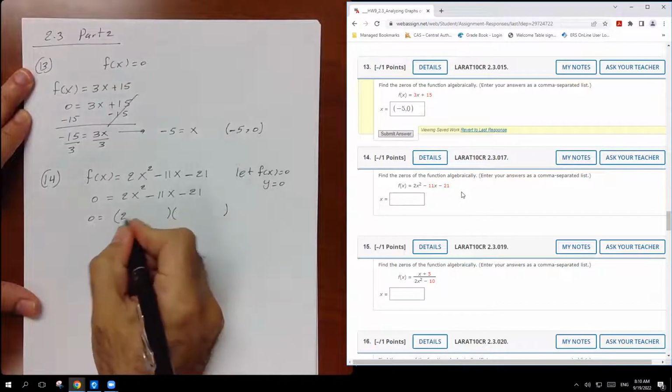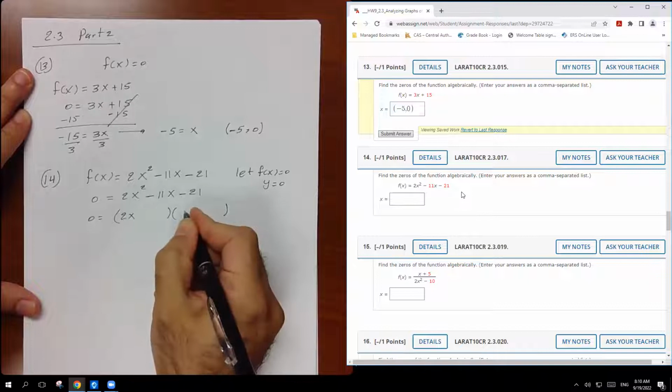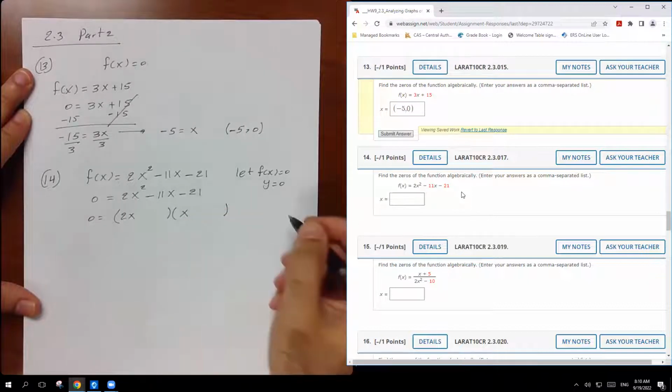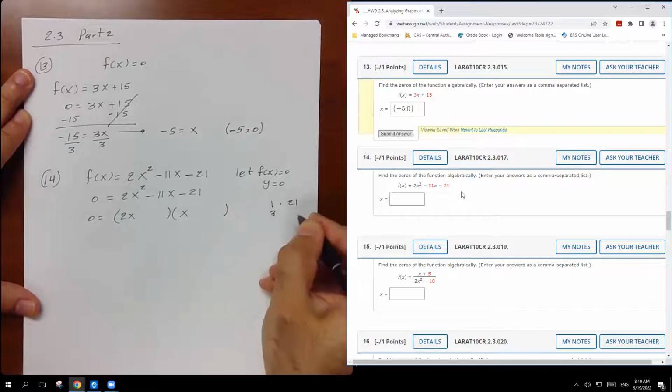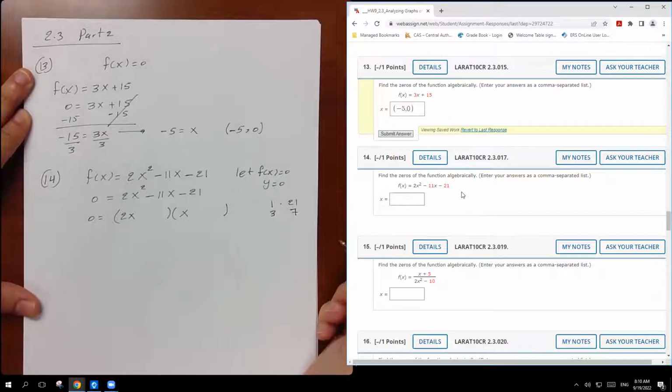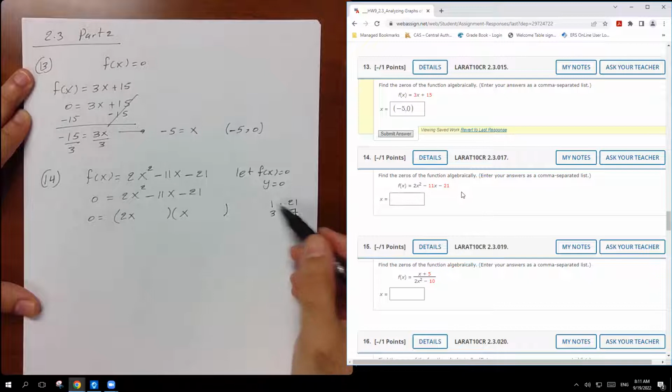So I'm going to put 2x here, and I'm going to put x here. The 21, I can use, I'm going to write down the options. 1 times 21 or 3 times 7. What else can we use? 3 and 7 and 1 and 21. Those are the only two options we have. Let's use 3 and 7.